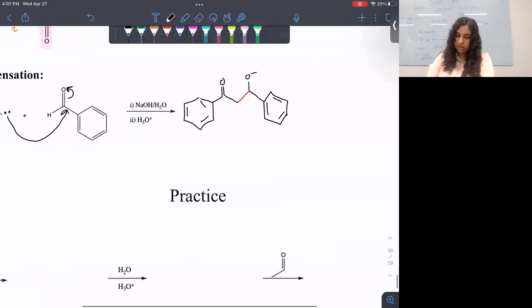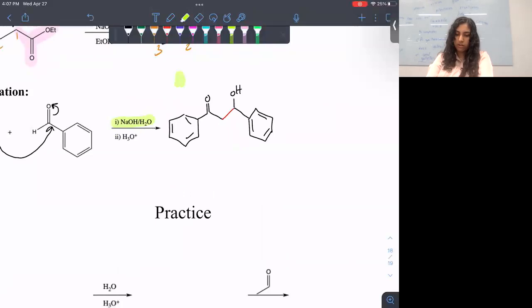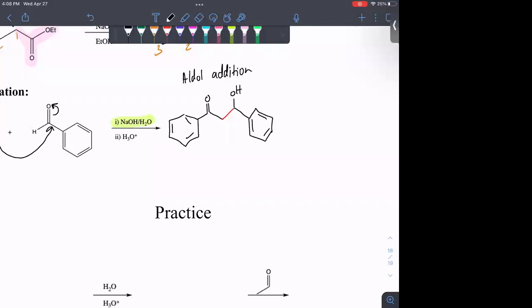Oh, and then let's just say it gets protonated somehow. So this product happens after the first step. So after the first step of NaOH and H2O, you get this product, which is the aldol addition. I guess just addition product.